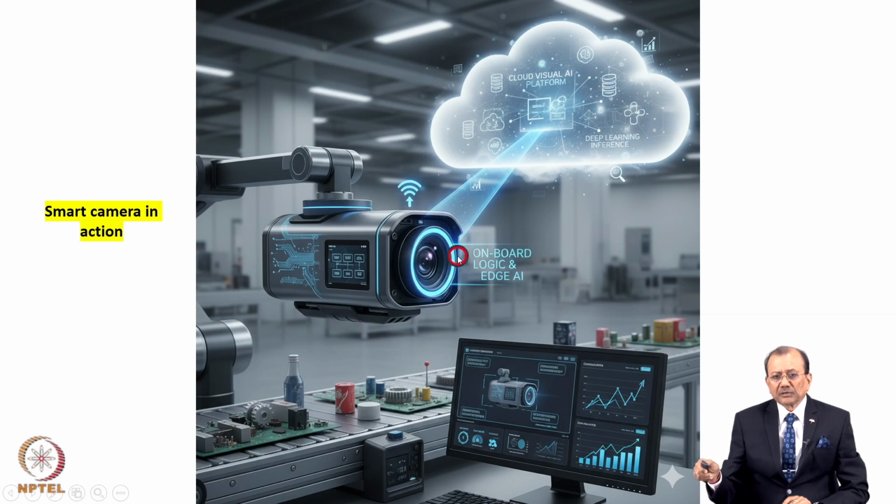Naturally, all this data does not reside in the camera, but it will refer back to the backend system on a high-speed network, get the information, and accordingly direct the action to be taken.